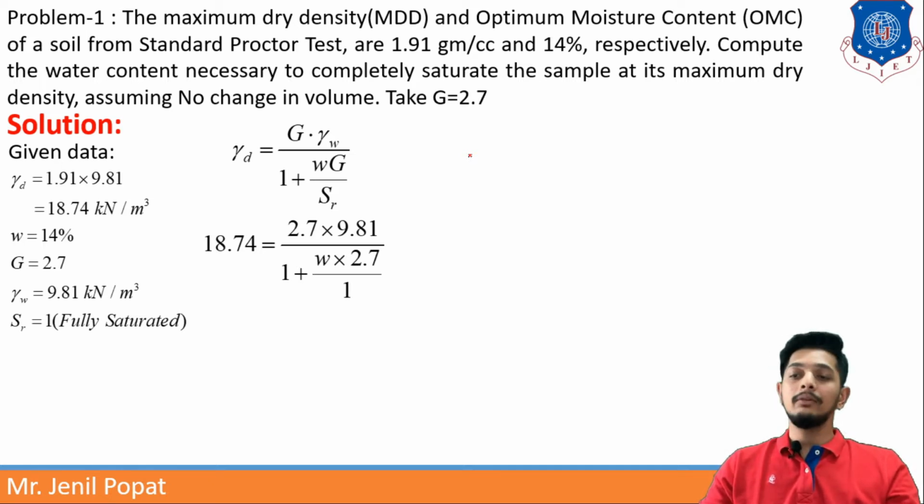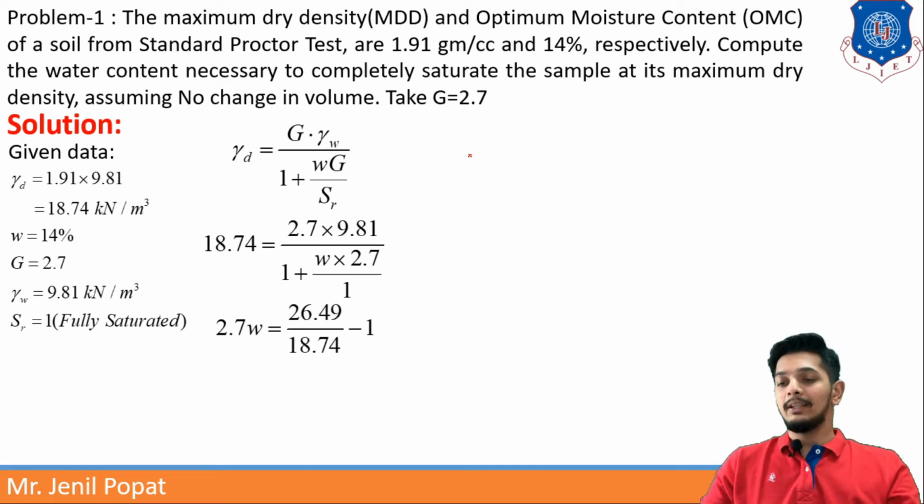Here, I have the value of gamma d, dry unit weight, G, specific gravity, gamma w 9.81 as usual. Here, w is unknown, which is water content. So, I am putting Sr as 1 for fully saturated. I am finding out water content, and solving this equation will give me 2.7 w is equal to 26.49 upon 18.74 minus 1.